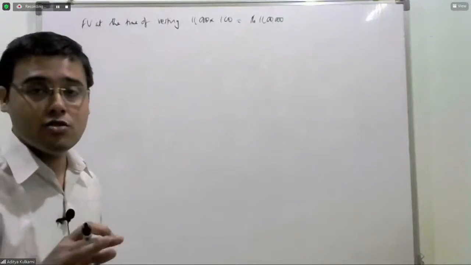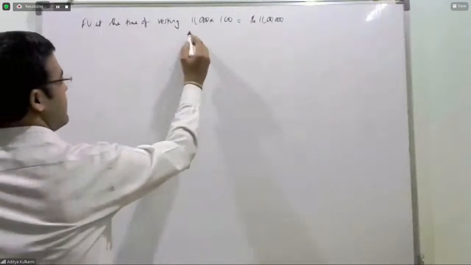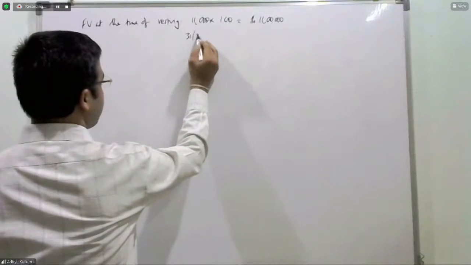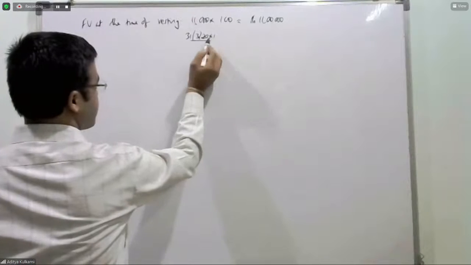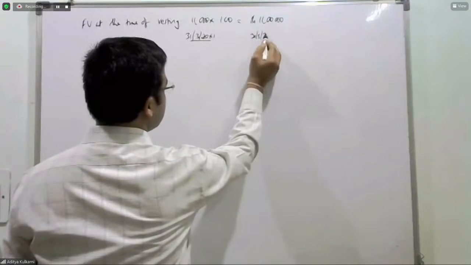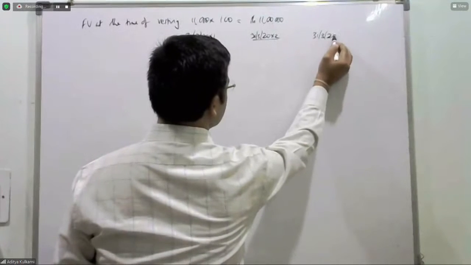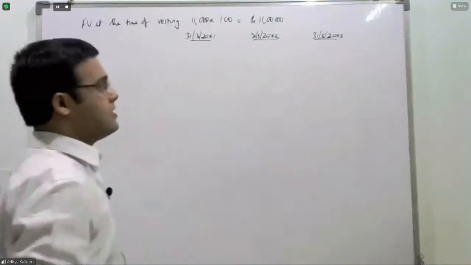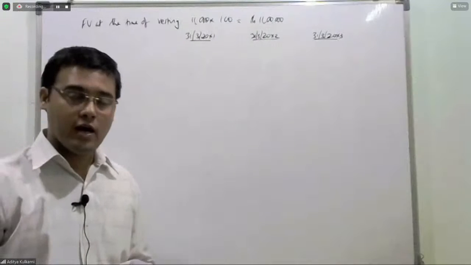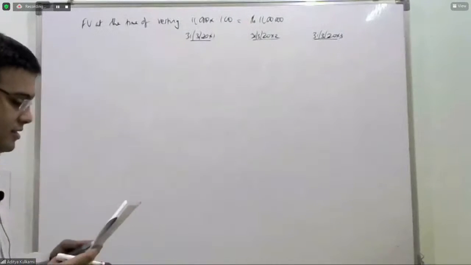And then you need to calculate the movements in the fair value. So 31.3.X1, 31.3.X2, 31.3.X3. This is your 3 years. You are given the fair value for all the 3 years.